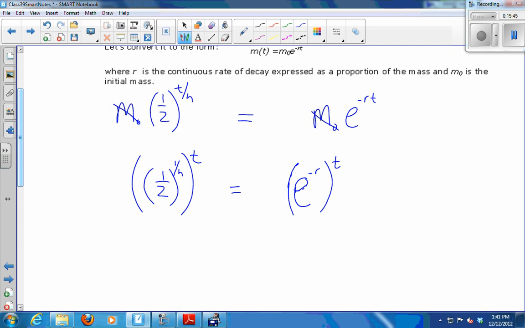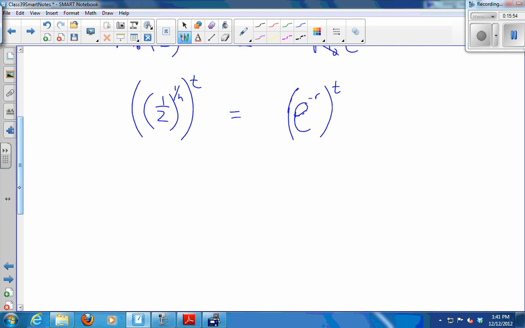So now the t's cancel, right? They're in the same place. If something to the t equals something else to the t, then your two somethings have to be the same. So 1/2 to the 1 over h has to be the same as e to the negative r.